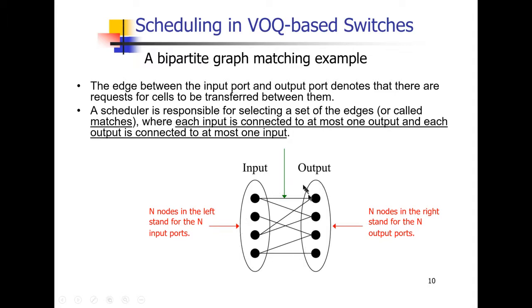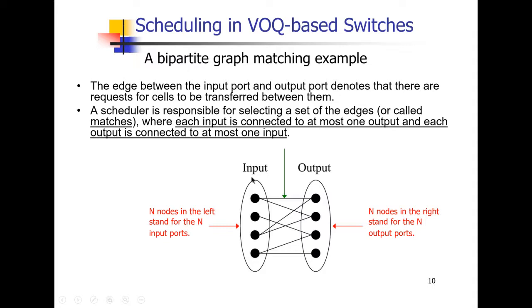So basically in this graph that represents the requests, the nodes can have degrees that are greater than 1. But when we want to represent cells that are actually transferred, you will have only nodes with maximum degree 1, because each input can release one cell at a time, each output can receive one cell at a time. And the responsibility of the scheduler is to find a feasible matching in each time slot.